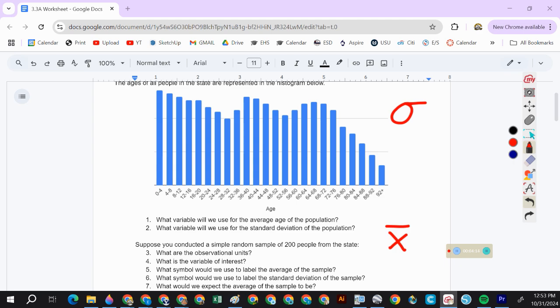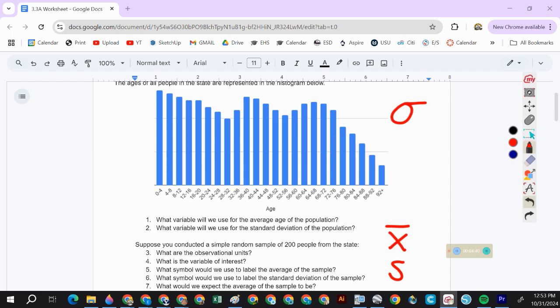And what symbol do we use to describe the sample standard deviation? It doesn't get a cool symbol. It's just s. So the sample standard deviation is s. Now these are statistics. Statistics are numbers that describe samples.